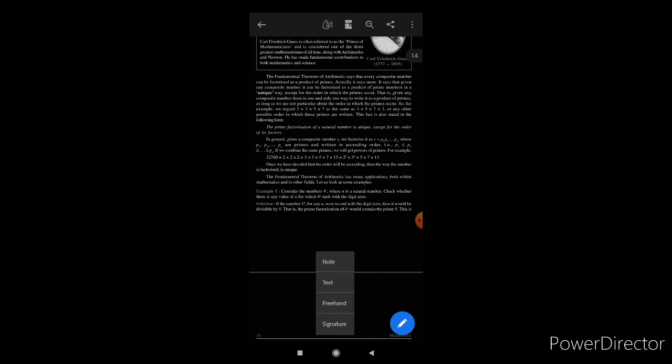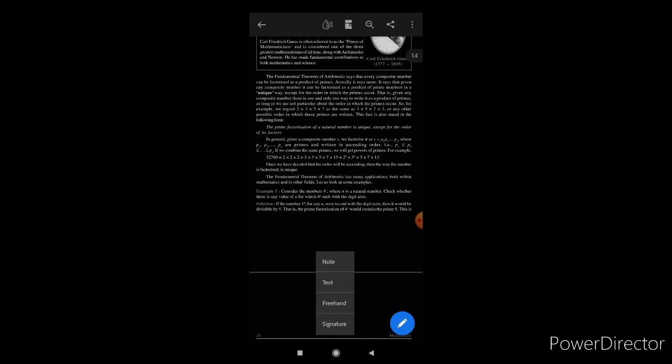In general, given a composite number x, we factorize it as x equals p1 times p2 up to pn, where p1, p2 up to pn are primes written in ascending order: p1 is less than or equal to p2, and so on up to pn. If the same primes repeat, we get powers of primes.